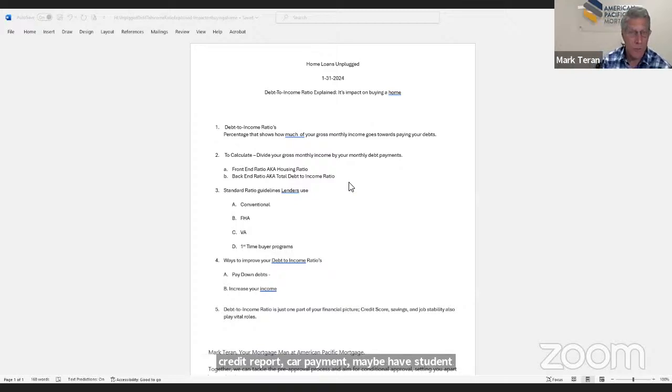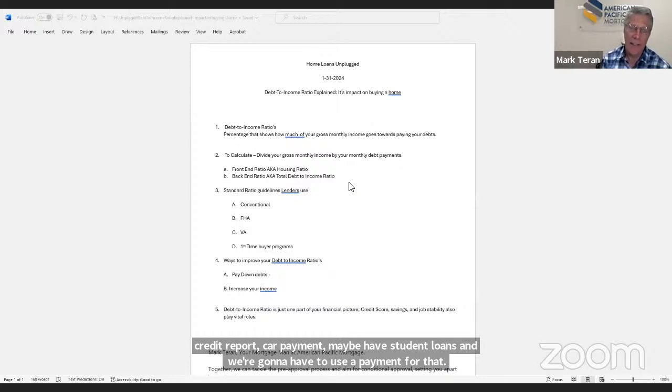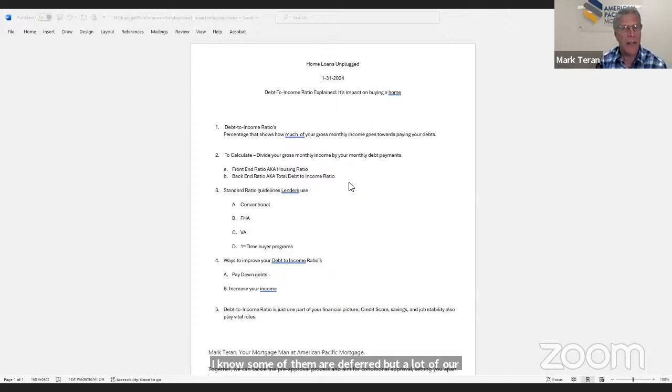I know some of them are deferred, but a lot of our guidelines still require us to calculate a payment for them, just as an FYI. And credit card payments, we want to use the minimum monthly required payment. So you're going to add all those up. And let's say we've got 3,000 plus another $300 a month. So I've got a total 3,300 going out per month.